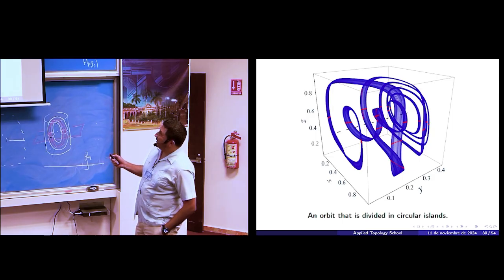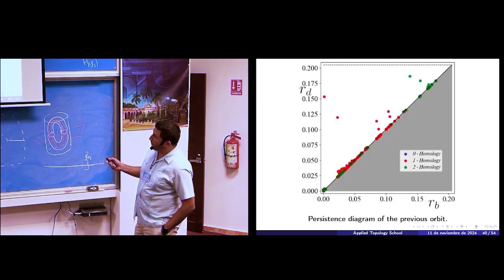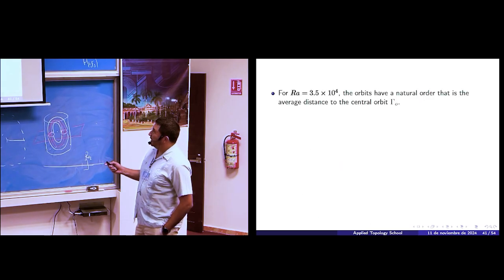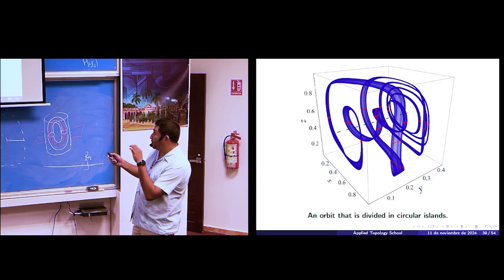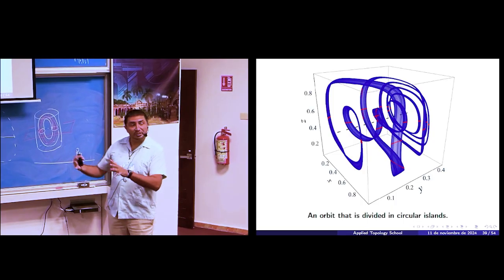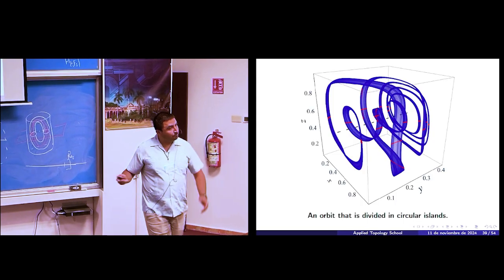But this one is born when the points here between two strings are joined, but all the orbit is not filled. Okay.